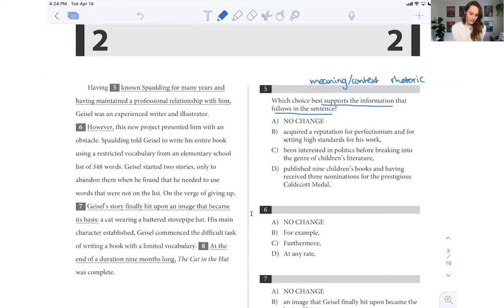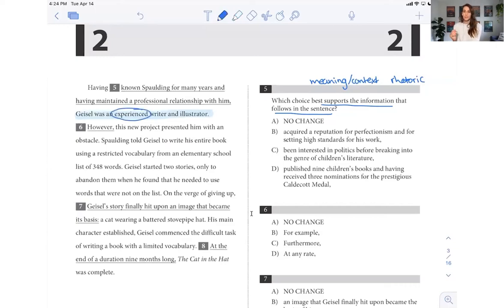Having known Spalding for many years and having maintained a professional relationship with him, Geisel was an experienced writer and illustrator. Okay, let's see what's going on here. It says we need something that supports the information that follows in the sentence. So the information that follows in the sentence is that Geisel was an experienced writer and illustrator. He was experienced.